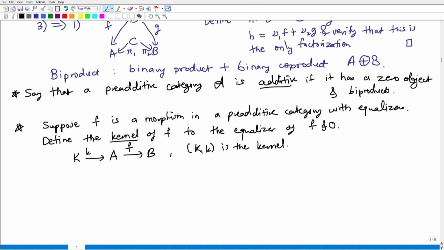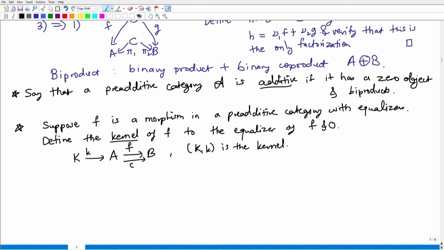Here it is important to consider the morphism as well. We will usually refer to the kernel as the inclusion of that K into A. Kernels are regular. We are simply saying that it is the equalizer of f and 0, and 0 is a possible morphism here. Therefore, kernels are regular monomorphisms. But in the additive world, we usually call them normal instead of regular. Okay, so this is the kernel.